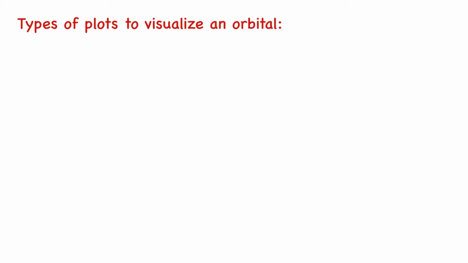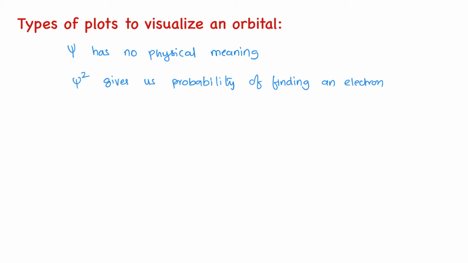As we discussed earlier, the wave function psi has no physical significance. It is just a mathematical function that represents the electron wave. On the other hand, the square of the wave function, psi square, has a physical significance.